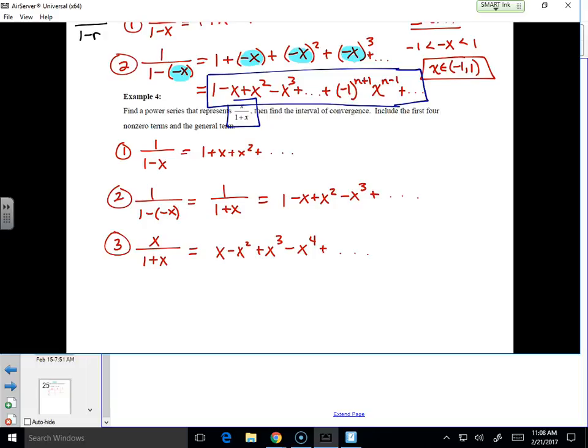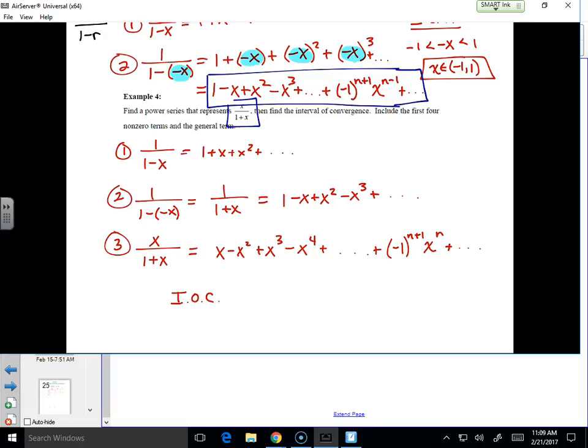Right? We could still theoretically have our negative 1 to the n plus 1 from up above when we're doing our general term. But what's going to be the x power now? What's our interval of convergence? It ought to be equal to that thing.